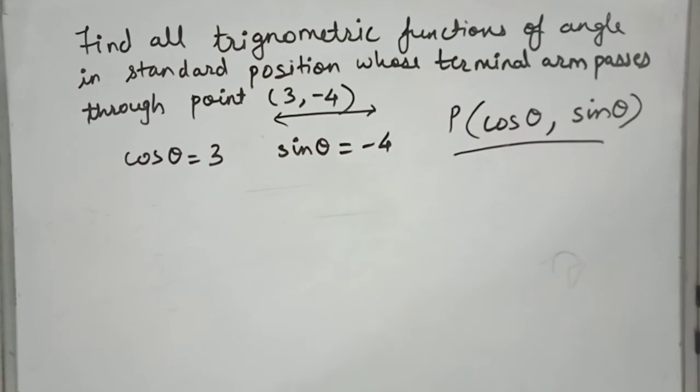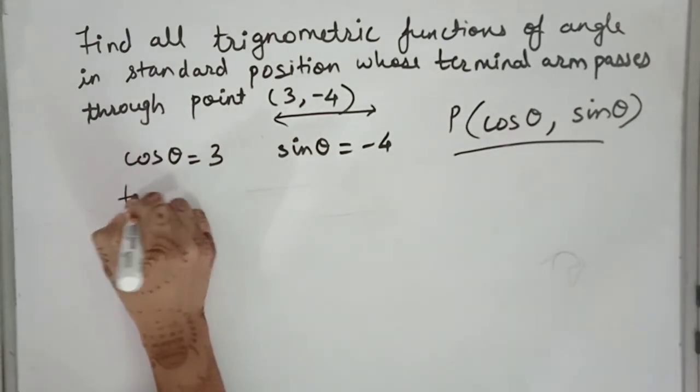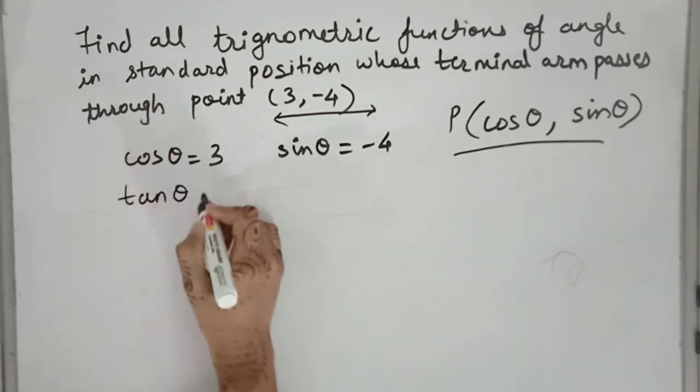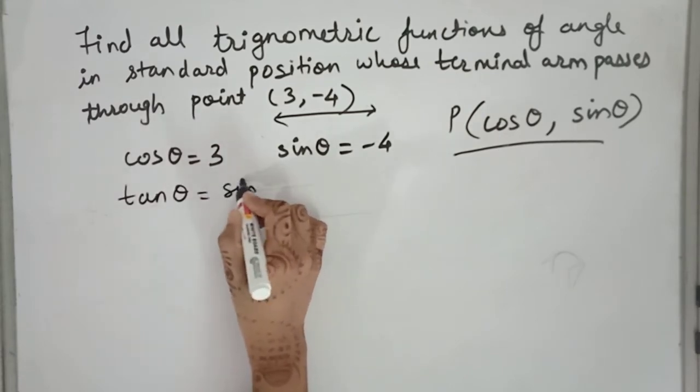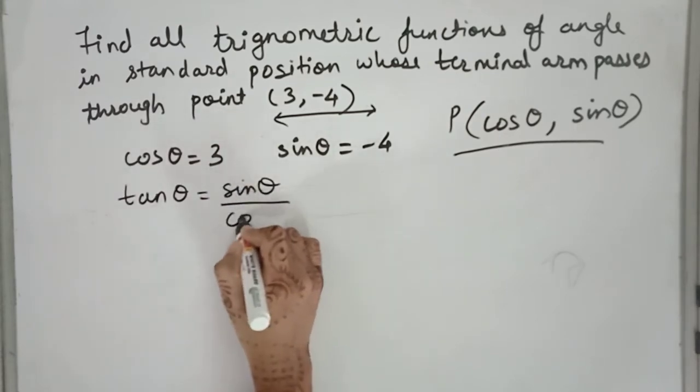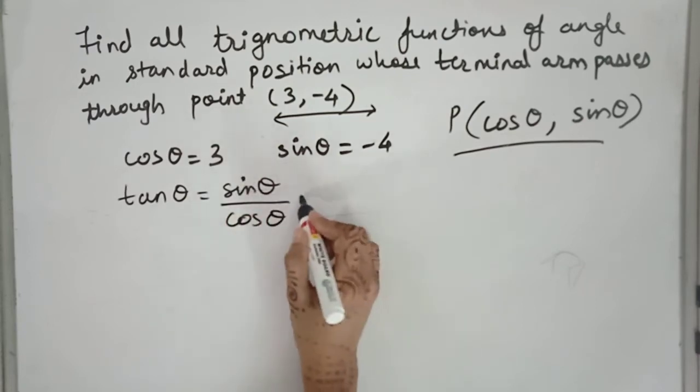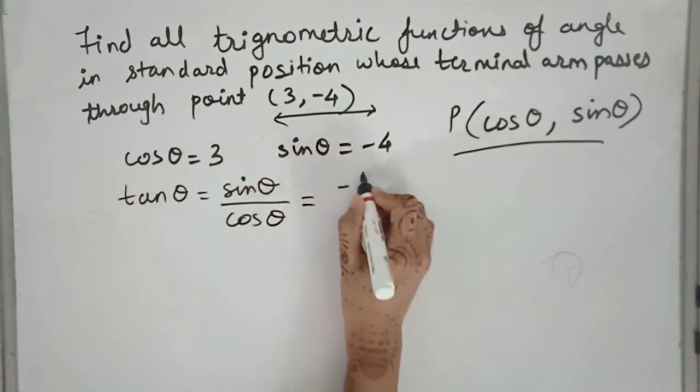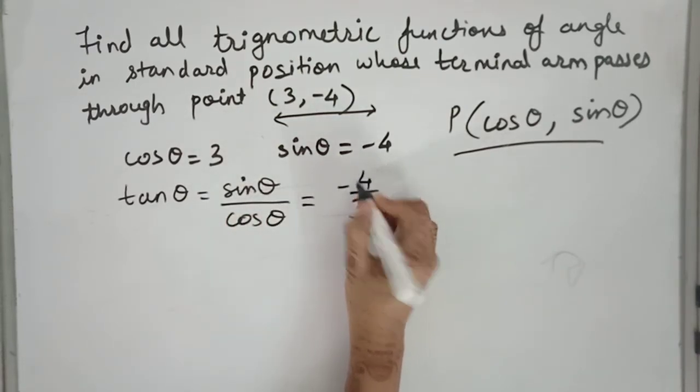Now let's find other trigonometric ratios. First we will find tan theta. Tan theta is equals to sin theta upon cos theta, which is equals to minus 4 upon 3.